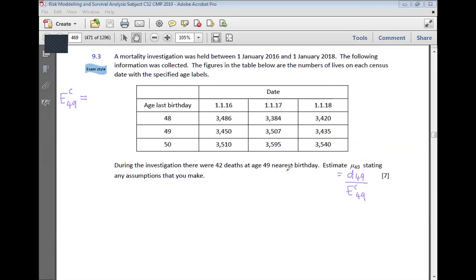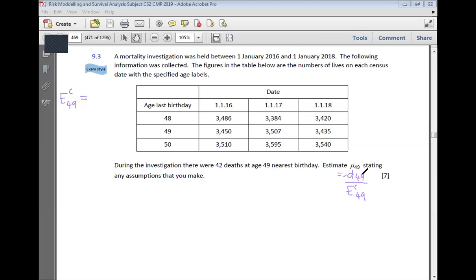Because we're looking at age nearest, this is the case. But if you're looking at age last or age next, then this could be mu x plus a half or mu x minus a half. But again here, because we're looking at age nearest, we get my mu 49 as B49 upon EC49.